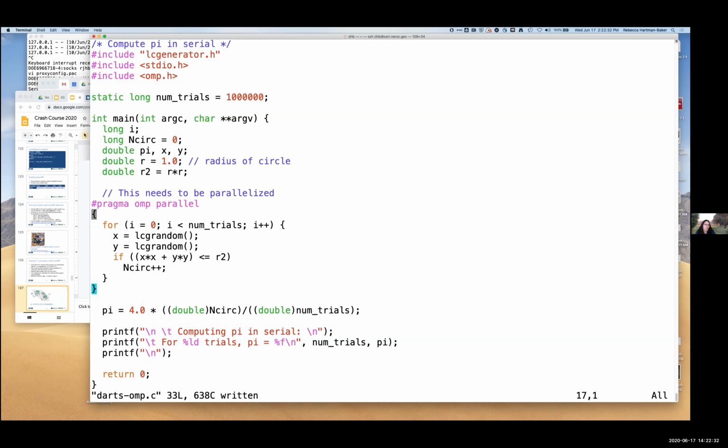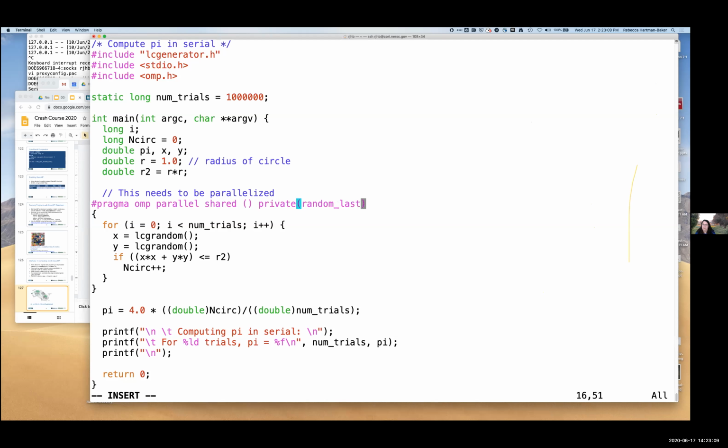Now there was something that we talked about. We need to decide what variables we want to be shared, not shard, shared, and what we want to be private. One thing that we need to be private is random last, right?